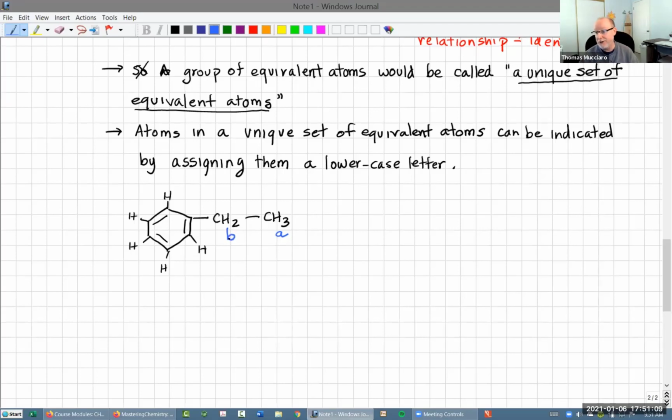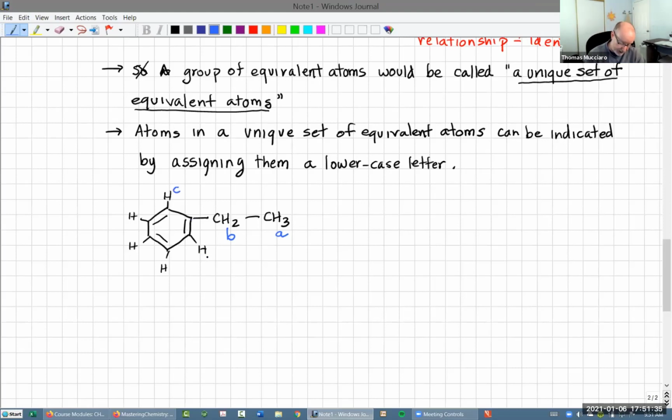Okay, now I want you to watch this. This is kind of interesting. So now we have our aromatic ring, right? It turns out you can prove this. If you were to substitute this hydrogen or you were to substitute that hydrogen, those would create identical structures because you could just take the molecule and go like that.